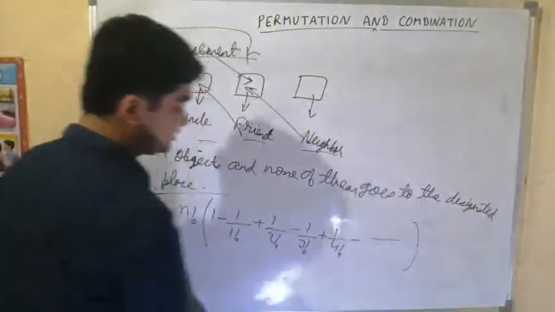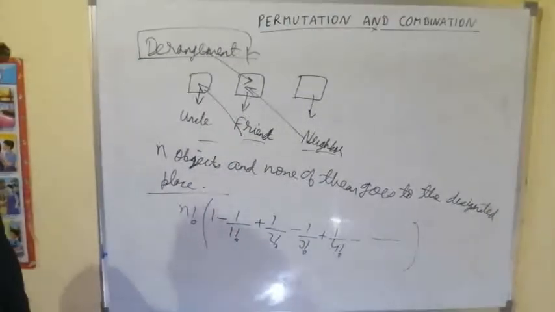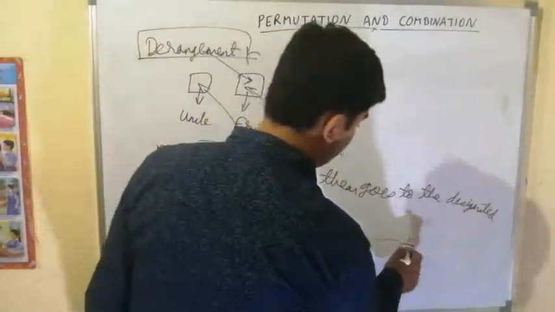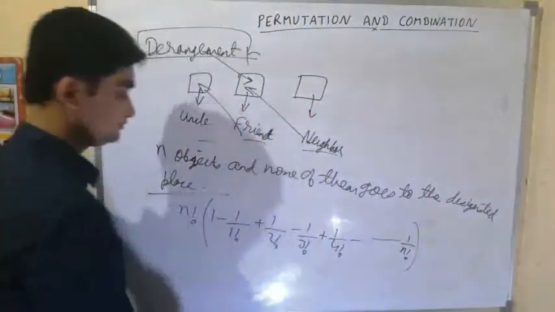Like this, alternate plus and minus up to the point where we are getting 1 by n factorial in the denominator.